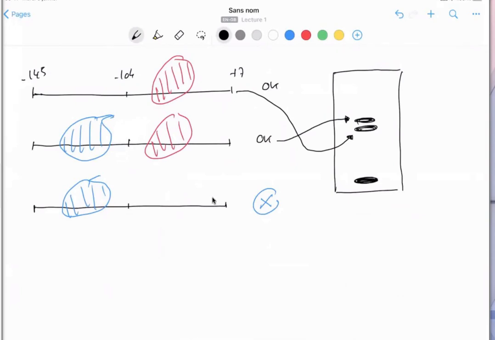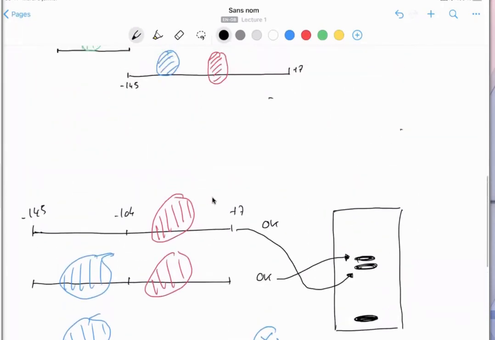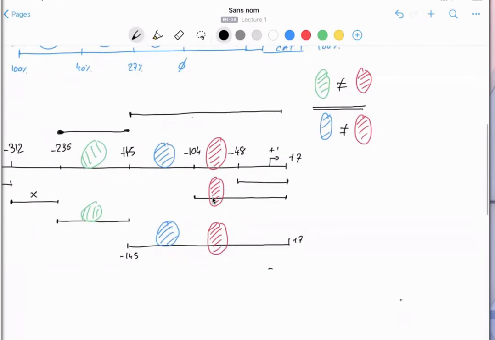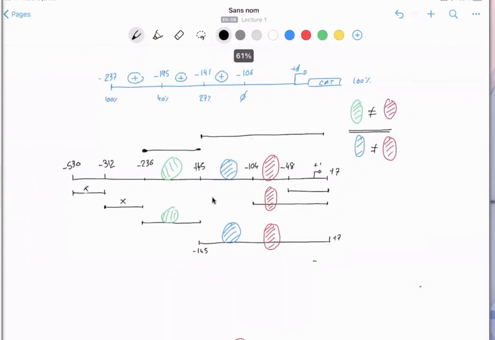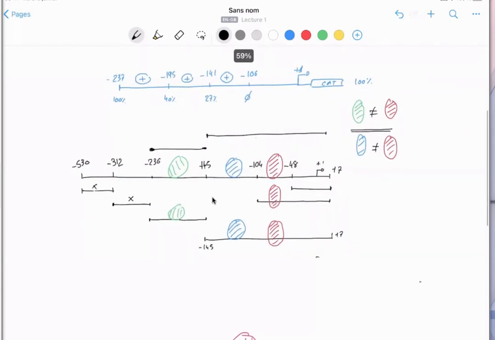Does it make sense? Yes. Okay. So you see how powerful this kind of electromobility shift assay can be, because you can really understand all the mechanistics about the interaction like that.